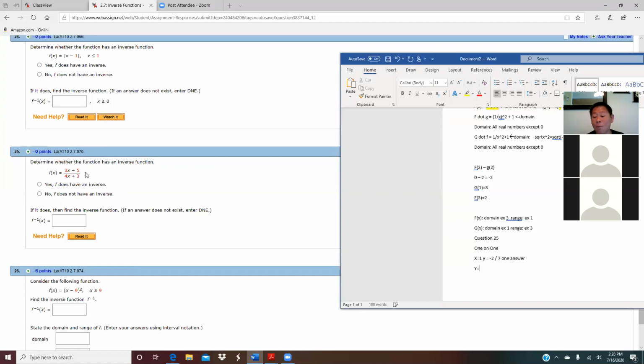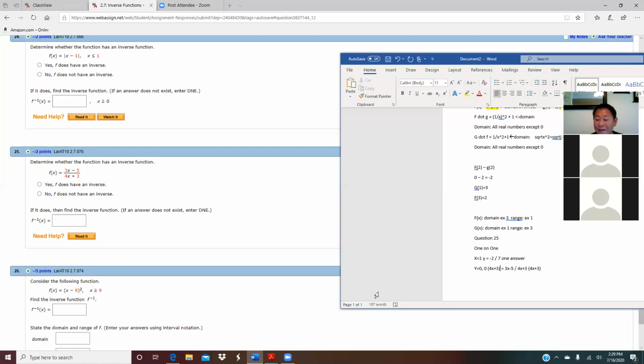So now you plug in y as any number, let's say 0, to make things easy. So when you put y or f of x as 0, this will become 0 equals (3x minus 5) divided by (4x plus 3). And when you multiply 4x plus 3 on both sides, you notice that when you multiply that with a 0, the whole thing will become 0.